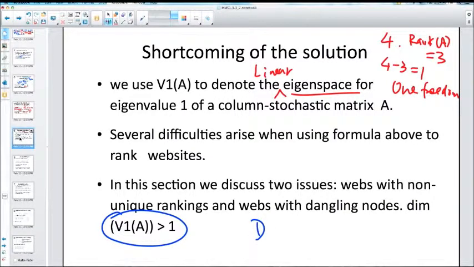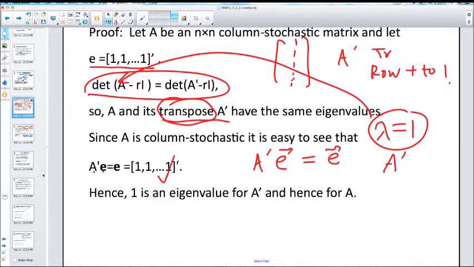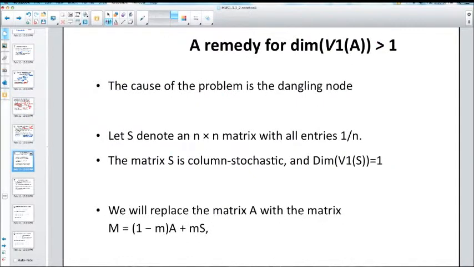The DIM means the dimension of the eigenspace. That means the solution of X is 2-dimensional. That is a problem. Let me give an example of what's wrong with that. If your dimension is 2, let's say you got a 2-vector solution, 0, 1/2, 1/2, 0.